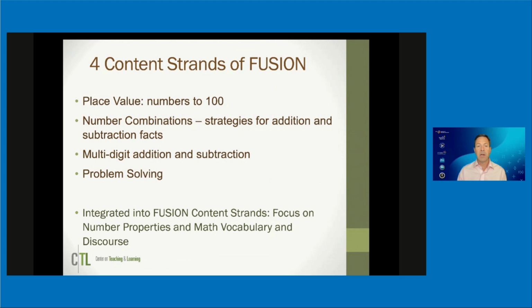We also encountered multi-digit addition and subtraction for students. And lastly, we wanted to have plenty of opportunities for students to engage in problem solving as they work through the curriculum. So those problem solving elements included working with word problems and working in groups to solve a range of problems.